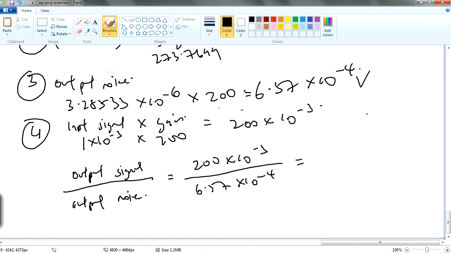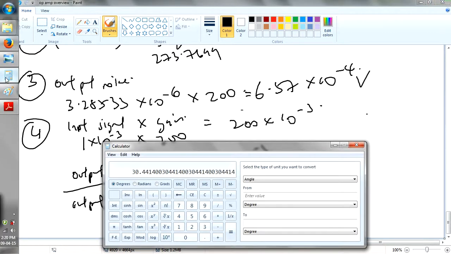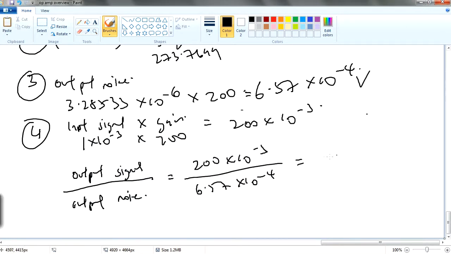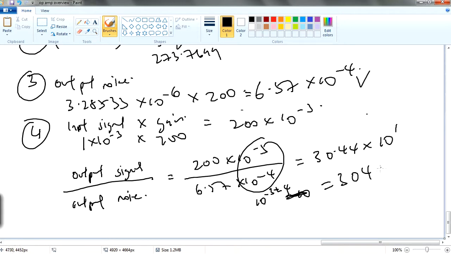I have to constantly check with the answer before I go wrong. So 30.44 times 10, because 10 to the negative 3 minus 4, you have plus 4, right? This is just this portion over here. So I have 304, right?